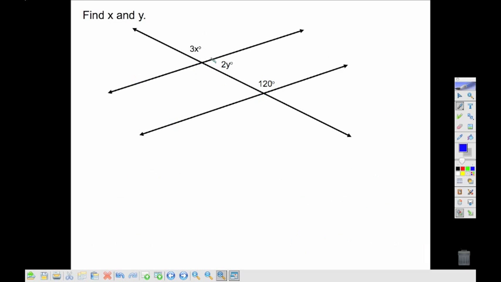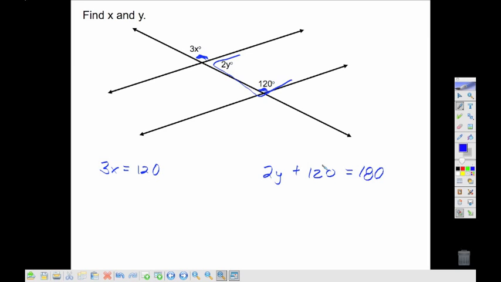Sometimes the same questions will involve variables and ask us to do the same thing. It's still basically the same idea. We've got a 120-degree angle here. I note that it's in the same position, so I have corresponding angles with 3x, so those two angles are congruent. If I look at the angle with the y marked here, I'll notice that these are consecutive angles, and consecutive angles should add up to 180 degrees.